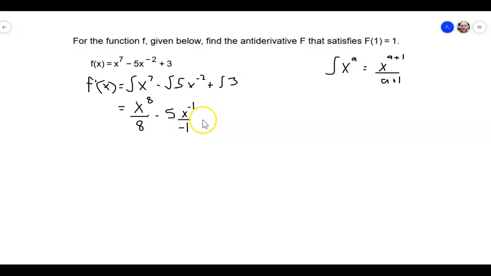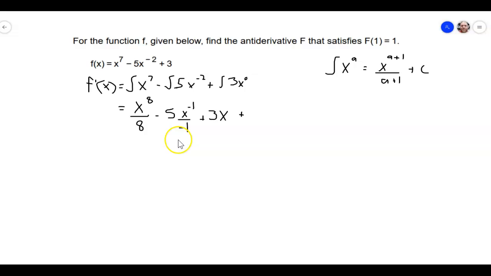Then plus, and remember, if you think about it, 3 is really 3 times x to the 0. So if we treat it like that, this is 3x to the 1 divided by 1, so that really just becomes 3x.